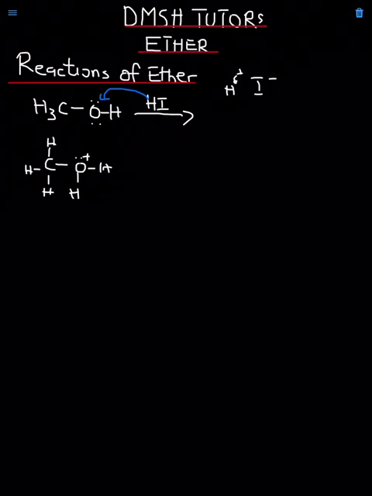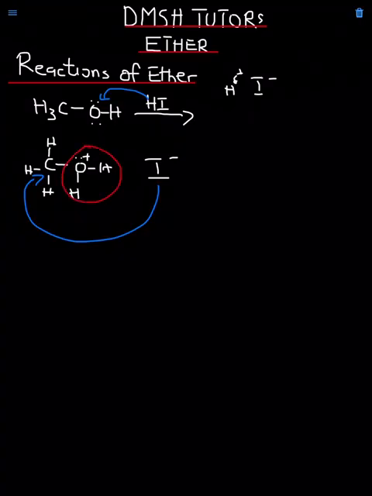Since we have only a primary carbon here, these are SN1 reactions, right? And these are SN2 reactions, am I right? So I think you're able to differentiate between SN1 and SN2 now. The iodide comes and attacks from the back because the carbon is a primary carbon, a methyl carbon rather. Once that happens, this guy will leave.